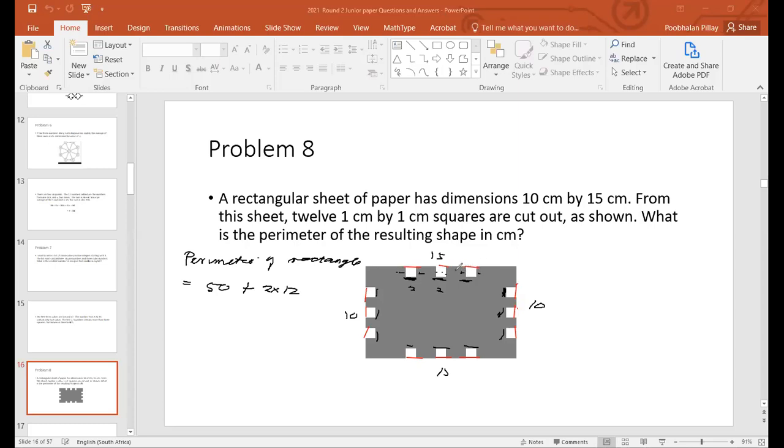Right? So you have to add those 12 of them times 2 to get the actual perimeter that you're looking for. Okay. So that's the answer to that problem. Problem number 8. It's 74, 50 plus 24.